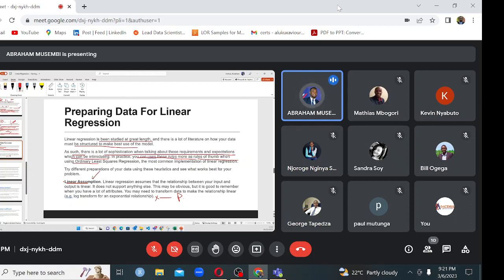So we have the first one. We should have a linear relationship between the two variables which you want to use to create a predictive model.